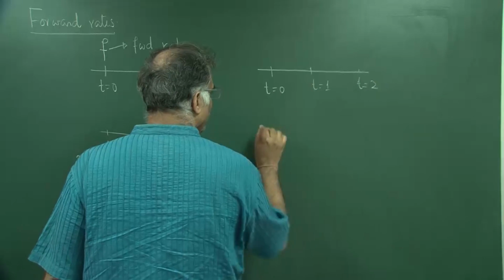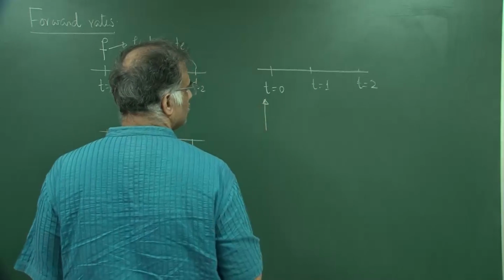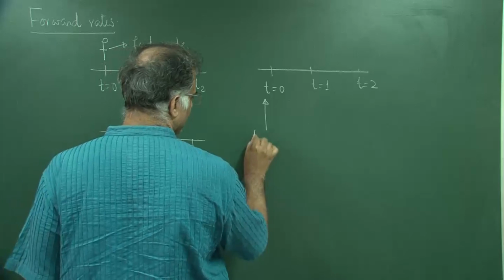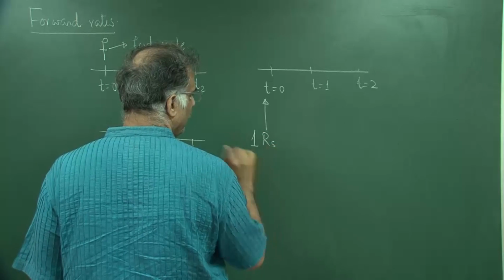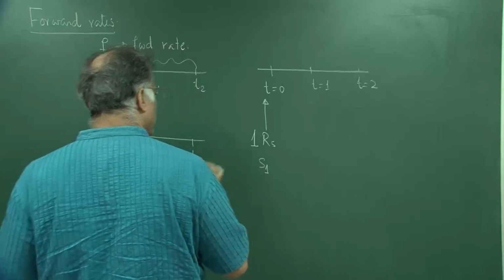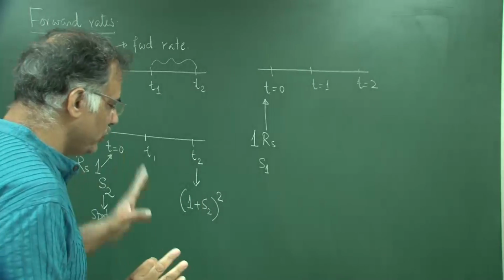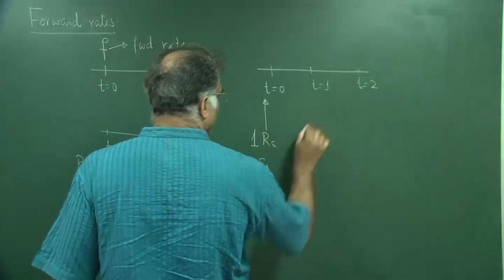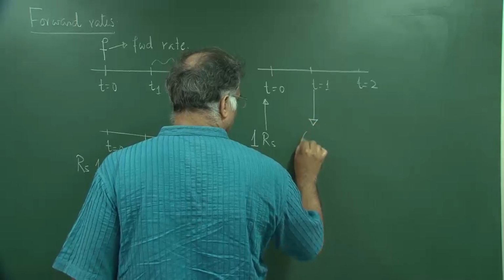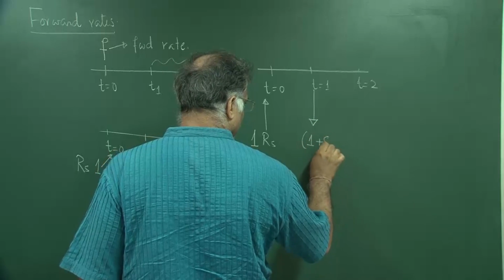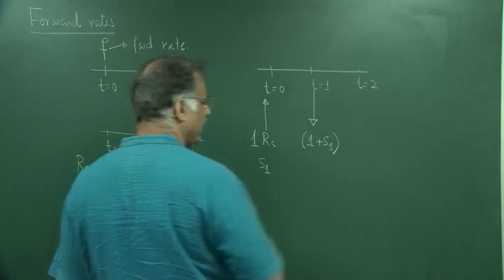So I have 1 rupee which I have invested now in the bank, and with a spot interest rate S1, I will just hold it for 1 year, I will not bother about 2 years. So at time t equal to 1, I have 1 plus S1 given to me by the bank.